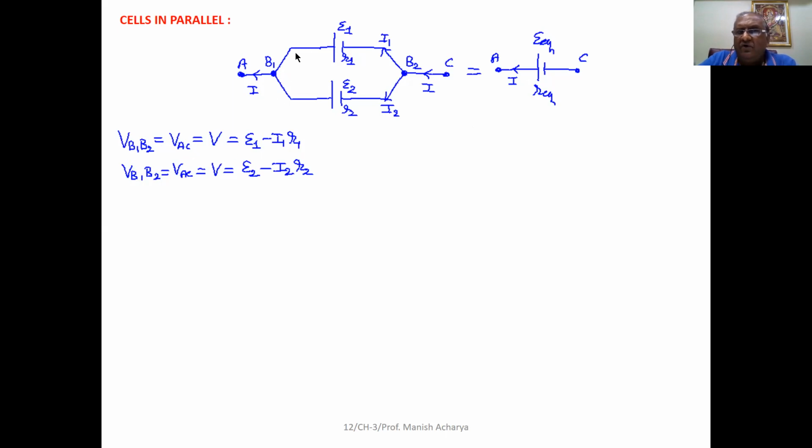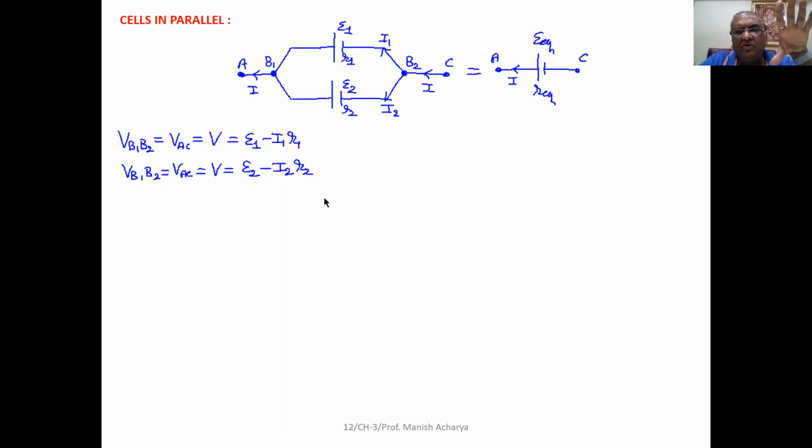Then for the first cell having EMF E1 and internal resistance R1, we can write this potential difference V as E1 minus I1R1. And for the second cell, for the same potential difference, we can write E2 minus I2R2.